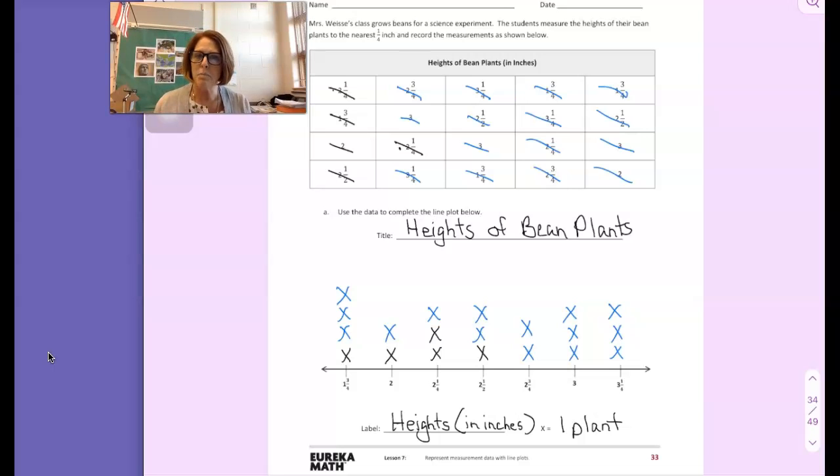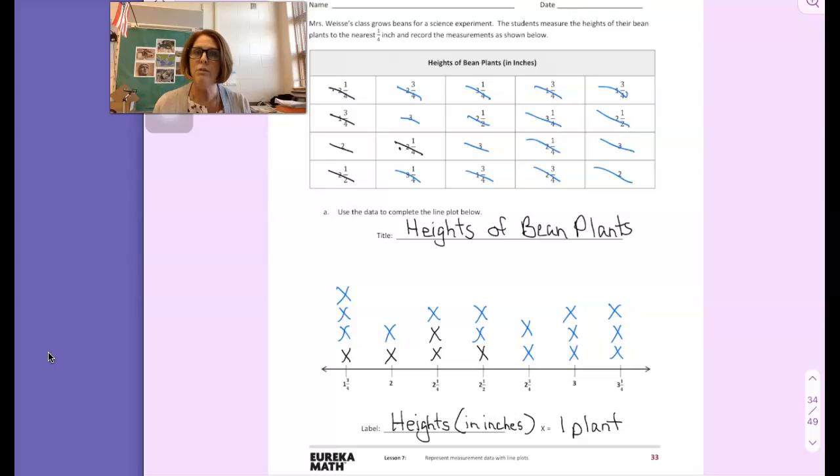I noticed that 2 inches and 2 3/4 inches have the same number of plants. I also noticed that 2 1/4, 2 1/2, 3, and 3 1/4 all have the same number of plants. And I noticed that 1 3/4 has the most plants recorded there.